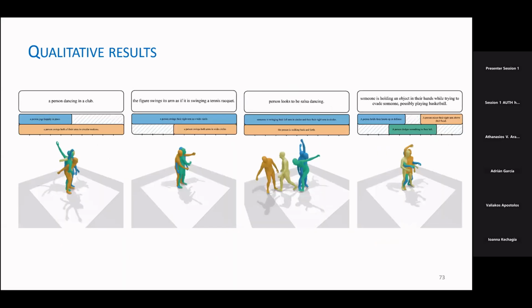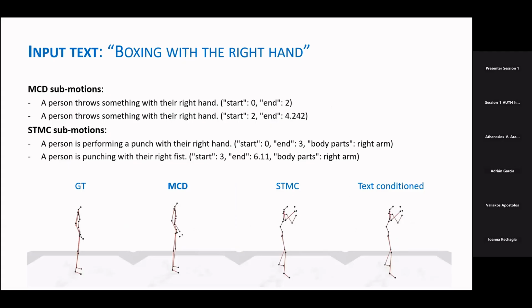So here we can also see some static visualization of the results, which is a common way to represent the sequences in a paper without giving a video. So in the upper part you see the test of the complex action, the decomposition, and then the movement, but probably is more effective to see some animation here. So for example, we have this action boxing with the right hand.